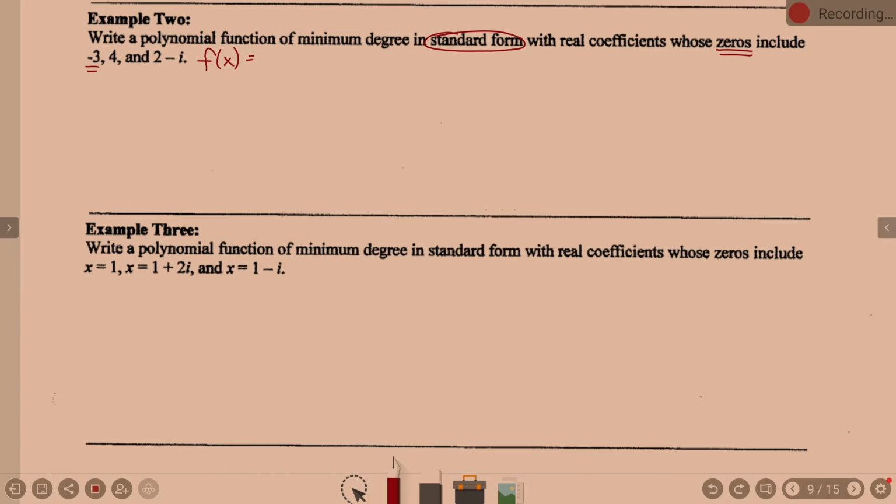X plus 3. Officially x minus -3, but we're all going to say x plus 3. Then there's a 0 of 4, so I'm going to have a factor of x minus 4.